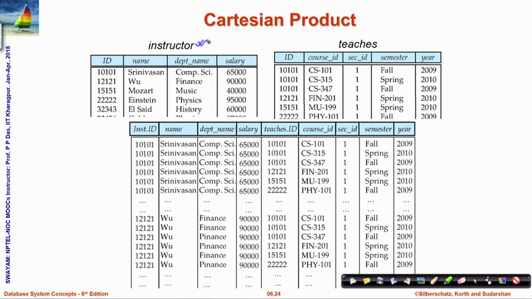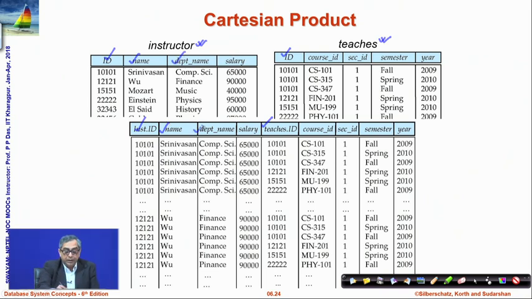Here is an example of the Cartesian product that we talked of. Here is the instructor relation, the teaches relation, and as you can see, when we have done this Cartesian product, that is select star from instructor comma teaches, then all fields come in. This is the ID of the instructor, and there is an ID in teaches. So, that is also specified here, qualified by the name of the relation, whereas name comes in directly because there is no attribute called name in teaches.